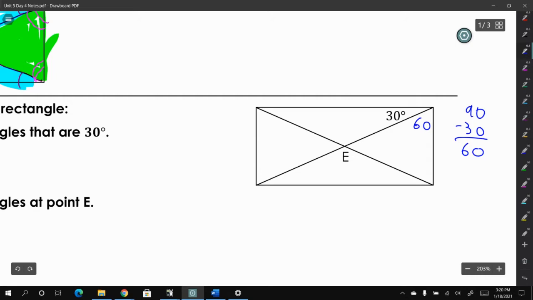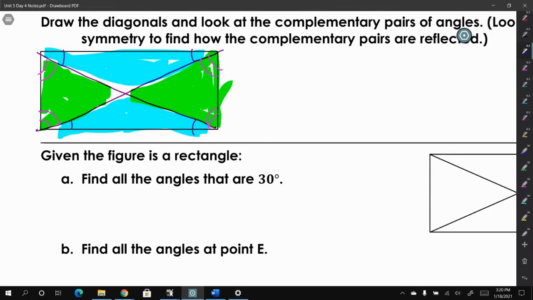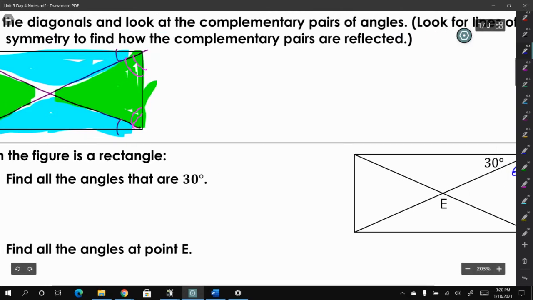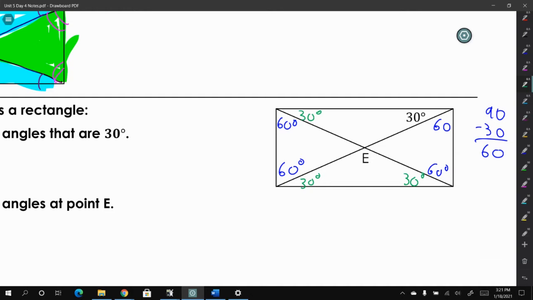So that angle right there is 60 degrees. Well, considering what we just labeled over here, we can fill in all the angles on the corner of our rectangle. So this is 60 degrees, 60 degrees, 60 degrees. And these angles here are 30 degrees. So I have all of those filled in.